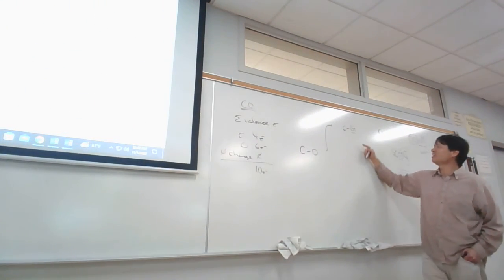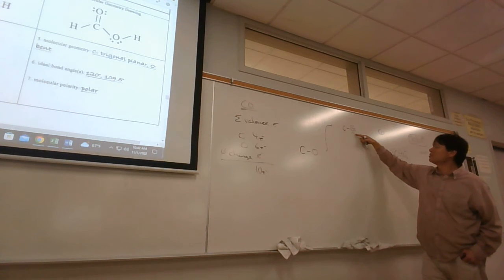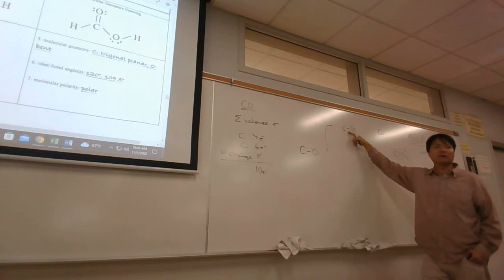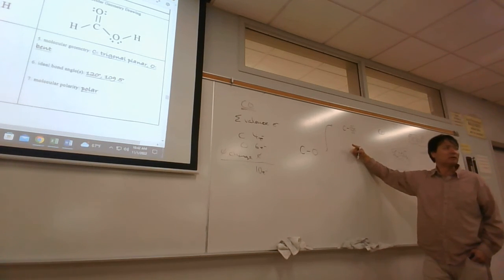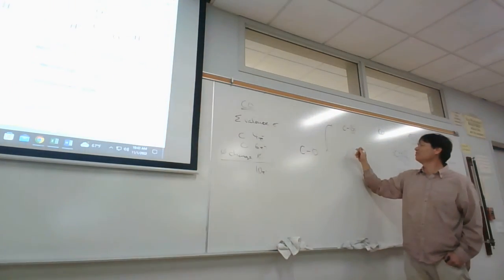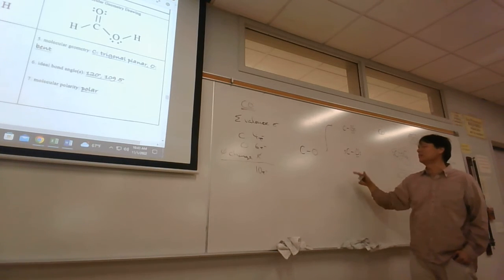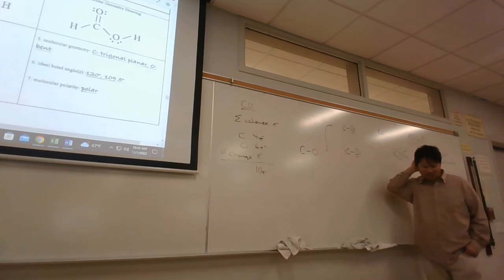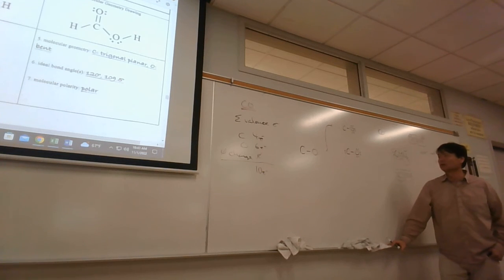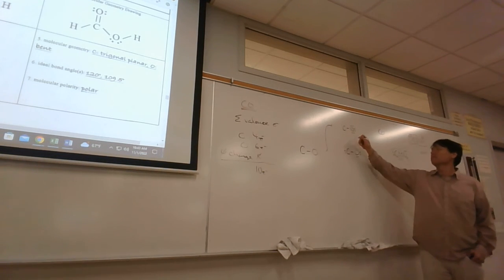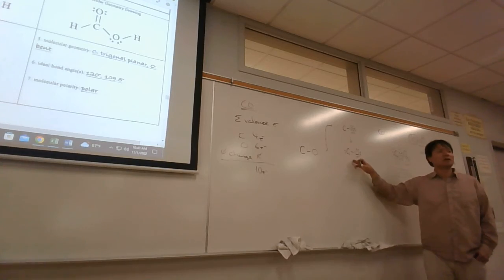Then we count, how many electrons have we used? 2, 4, 6, 8. How many electrons do I have? 10. So any leftover electrons go on to the other atom, the central atom as they call it, but these are only ends here. And so we end up with this structure here. And that gives us 10 electrons.